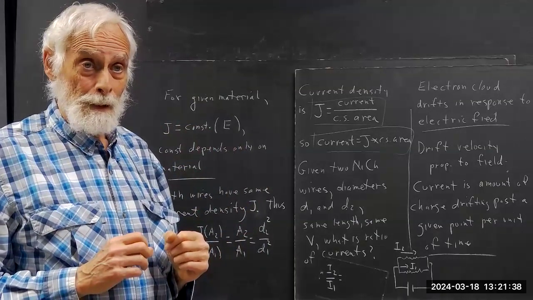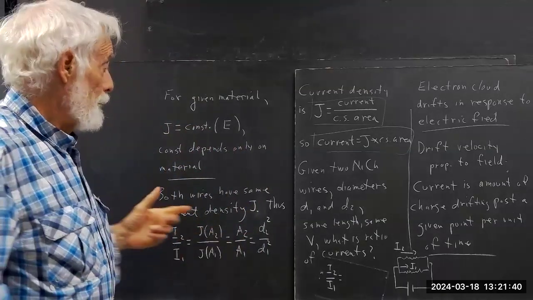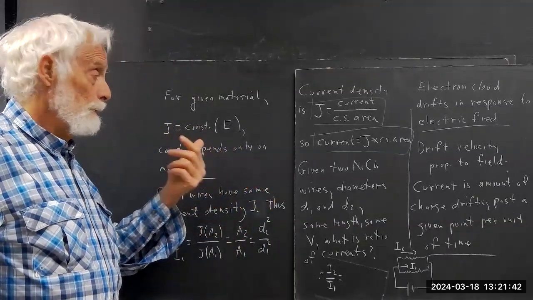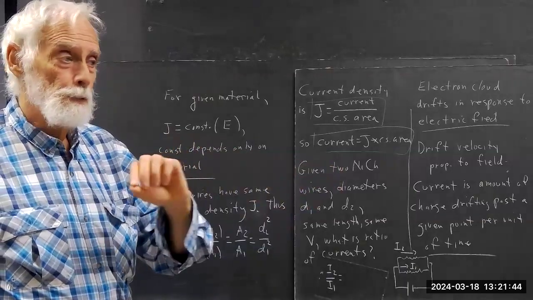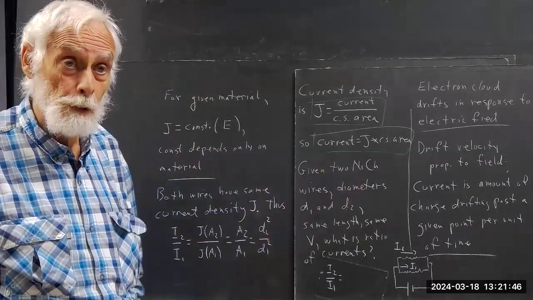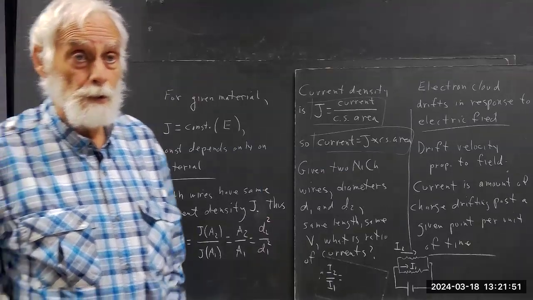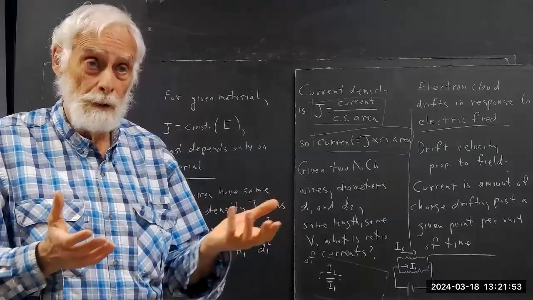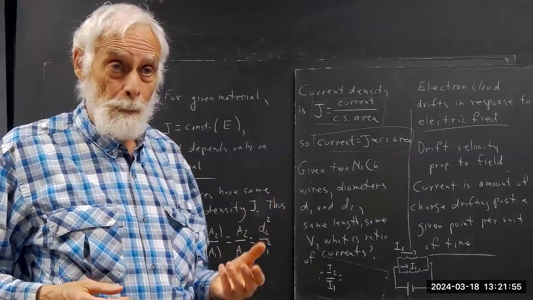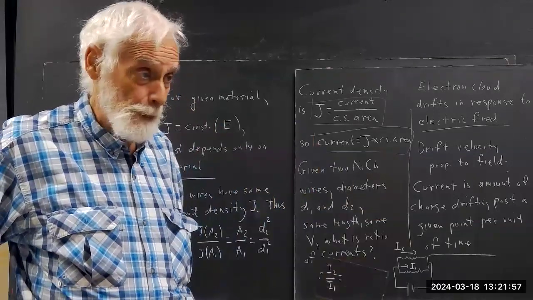This is not a net charge. The net charge on this whole nichrome wire is presumably zero. It's presumably neutral, not holding any static charge on the surface. It could be, but probably not, because it's probably grounded.